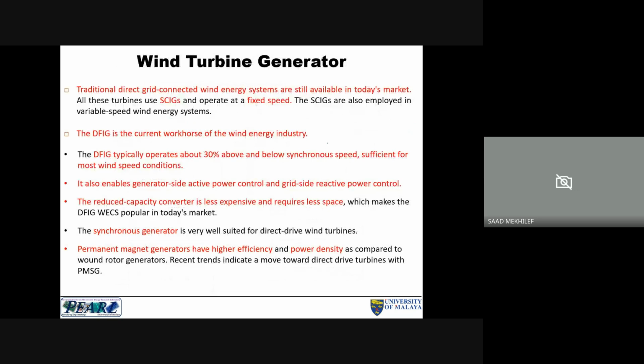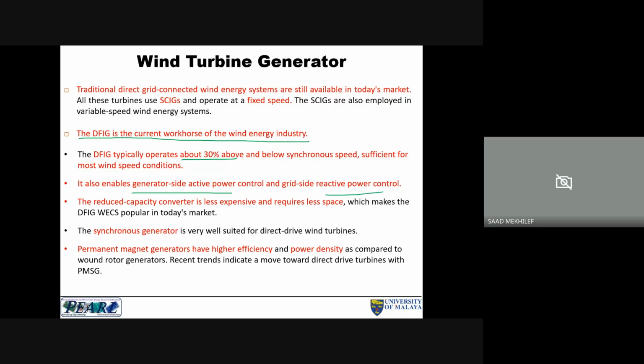All right, so the DFIG is currently the workhorse of the wind industry, very commonly used, typically about 30%. It also enables generator-side active power control and grid-side reactive power control.